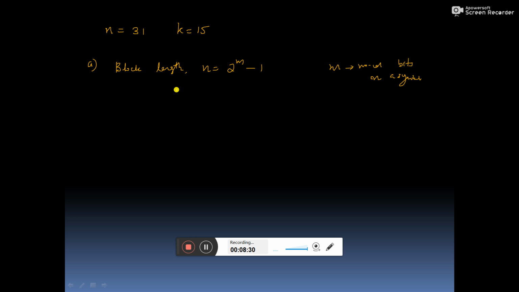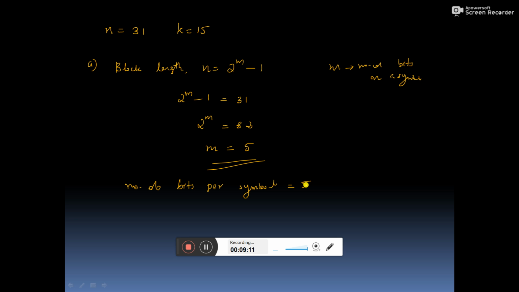So I can write 2 raised to m minus 1 is equal to n, that is 31. Or we can write 2 raised to m is equal to 32. Then m will be equal to 5, since 2 raised to 5 is equal to 32. That is, the number of bits per symbol is equal to 5. Okay, so that is the first question.